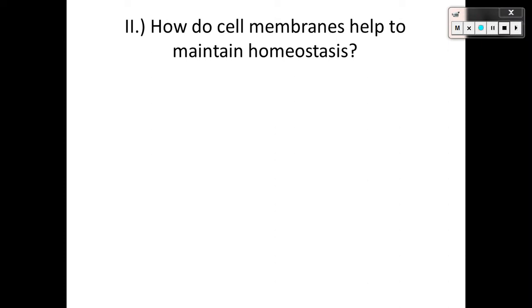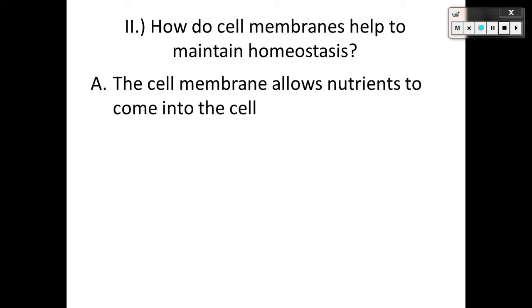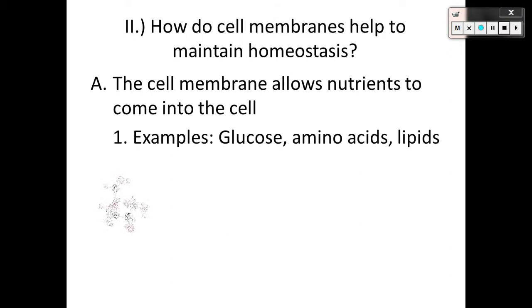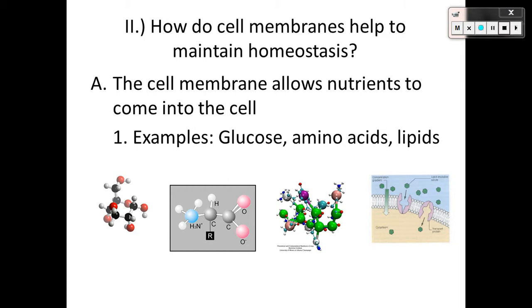Now, how do the cells do this, though? How does the membrane help with maintaining homeostasis in these internal conditions? Well, the cell membrane is what allows nutrients to come into and out of the cell. So, for example, some of these nutrients that will want to come in would be glucose.